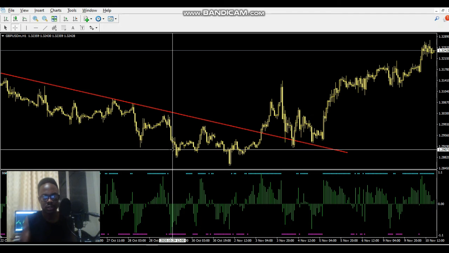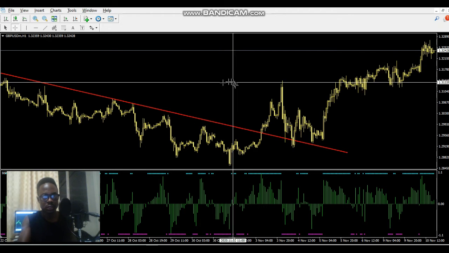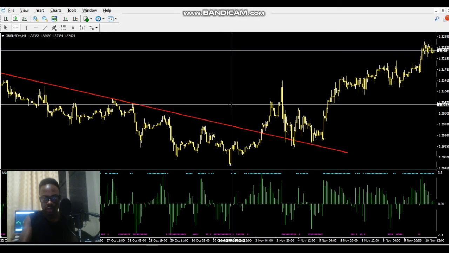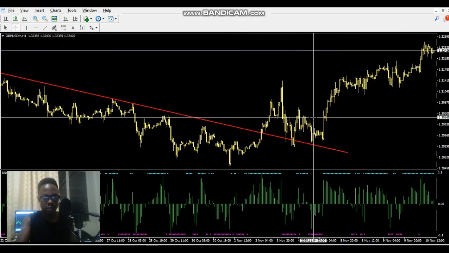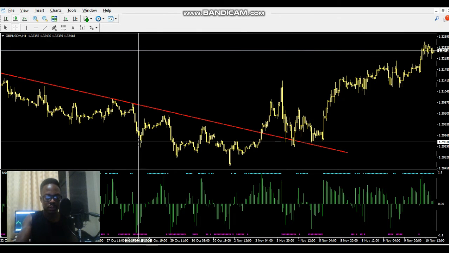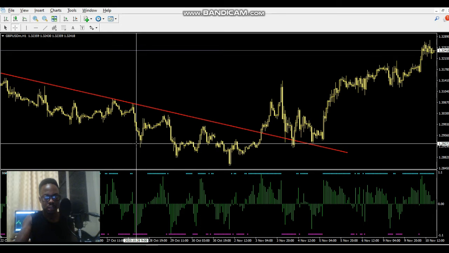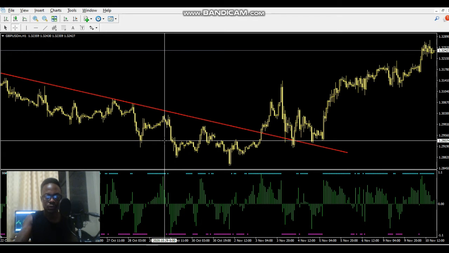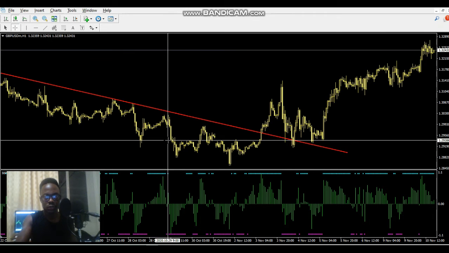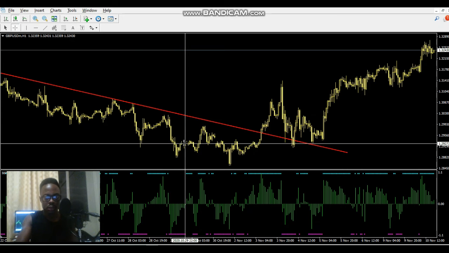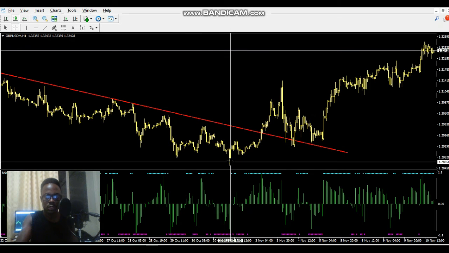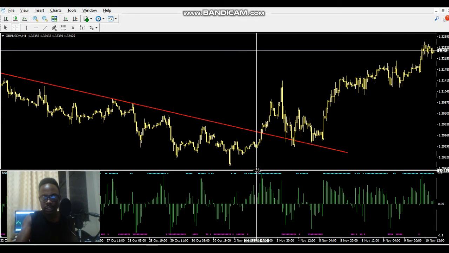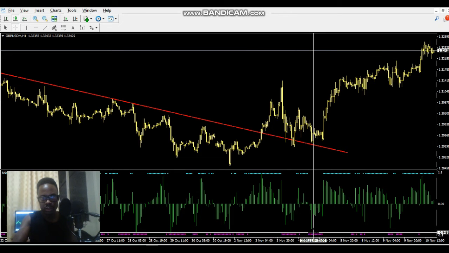Actually I like to use this tool over here. It's called a crosshair. It's even there in your mobile MetaTrader. So how does FX Hybrid trade this histogram indicator or system? Okay, so first, as you can see, I target these levels.